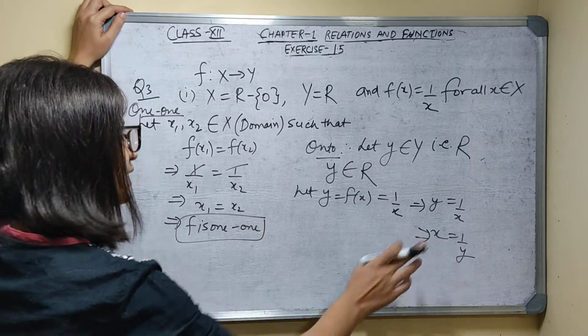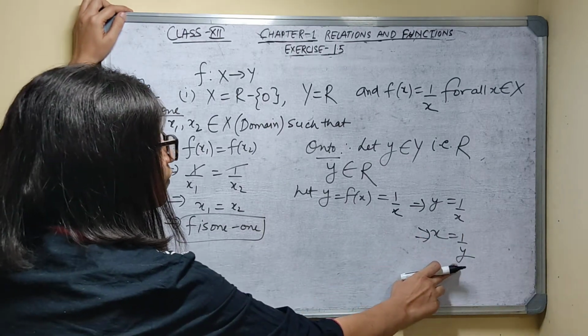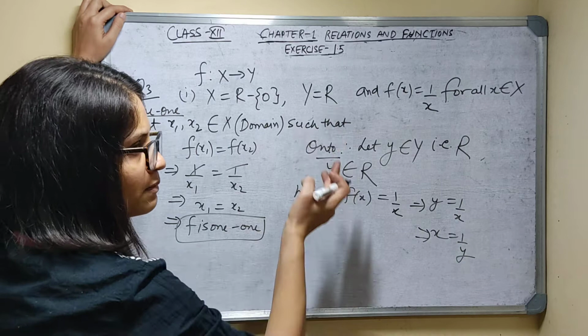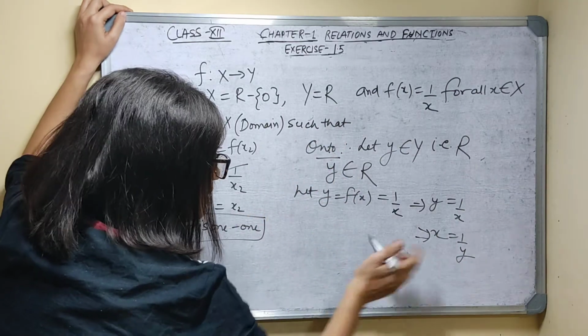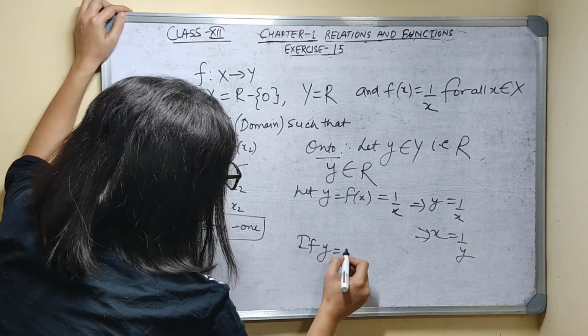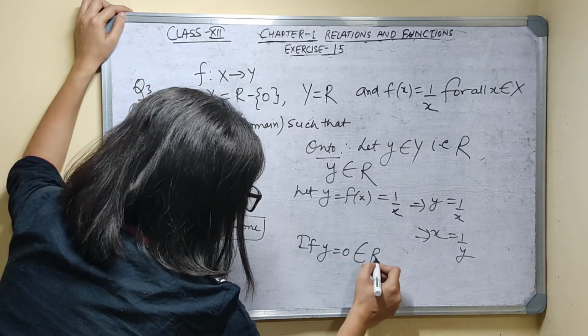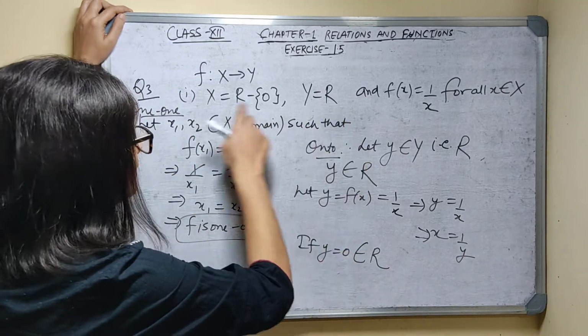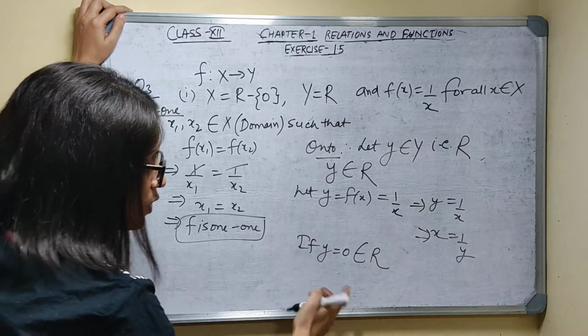Now you see, if x is equal to 1 by y, and I put values from the codomain, all are real numbers. So 0 is also a real number. If y is equal to 0, which belongs to real numbers, from Y I can take real numbers. Here in the domain I have to exclude 0, but here I can take 0.